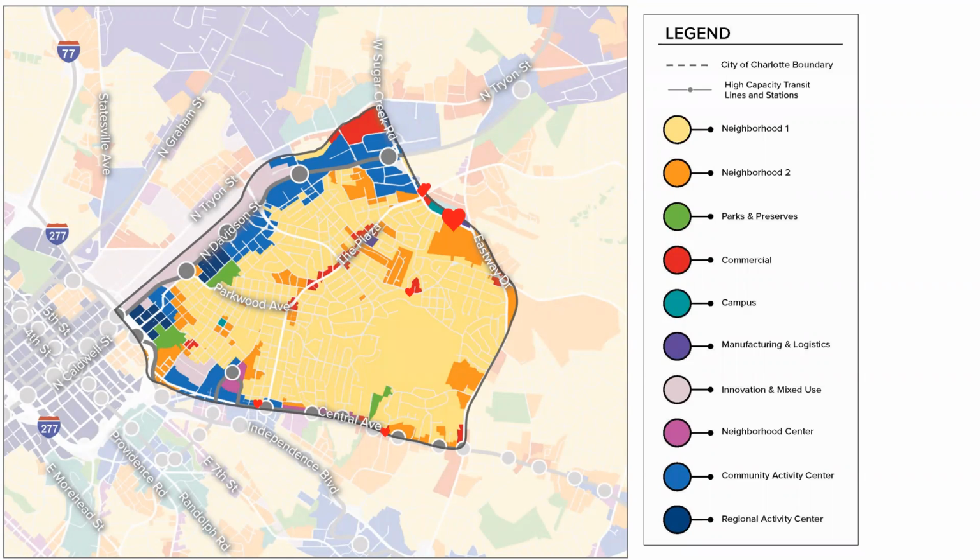You may have touched on this before, but is there any plan to incorporate, for instance, the elementary school, or I guess maybe Mary Oaks is on this map too, into either campus or parks and preserves? Are you still intending to keep it as neighborhood 1? Yeah, we're intending to keep it as neighborhood 1 because those schools and churches are seen as supporting uses for a complete community.